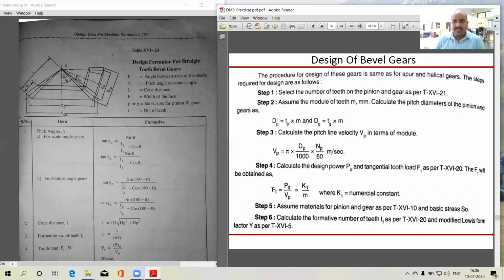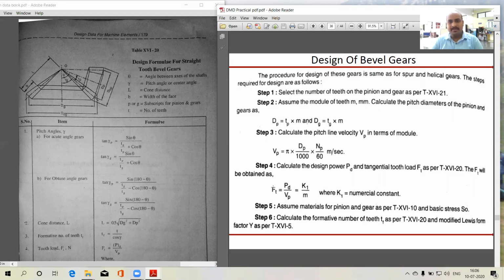Now, the procedure for designing of these gears is the same as that of spur gears and helical gears. Basic steps are required, basic forces are the same. As there is engagement of tooth, there is beam strength, wear strength, dynamic strength, endurance strength. Likewise, we have to calculate each of the strengths.